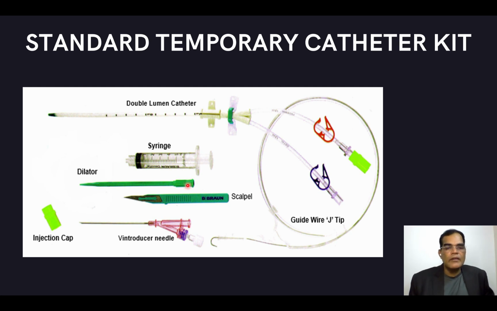The dilator helps in easy passage of the catheter, and it dilates the vessel for the easy passage of the catheter. After that, we have to exercise a little caution to avoid excessive bleeding while removing the dilator. Once the dilator is removed, the catheter can be placed through the guide wire.